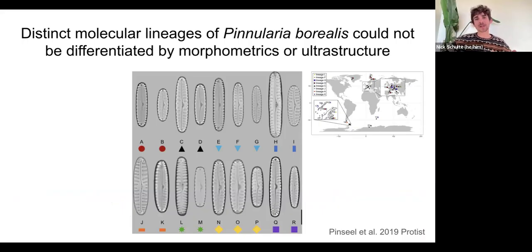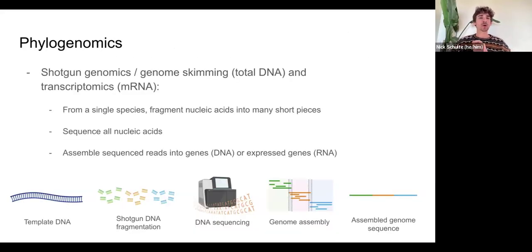Is that sufficient? So there's an approach of phylogenomics, which you might hear called shotgun genomics or genome skimming, referring to sequencing the total DNA from a culture, or transcriptomics, which is looking at the mRNA, basically the expressed genes, to get a sense of larger scale changes across the genome.